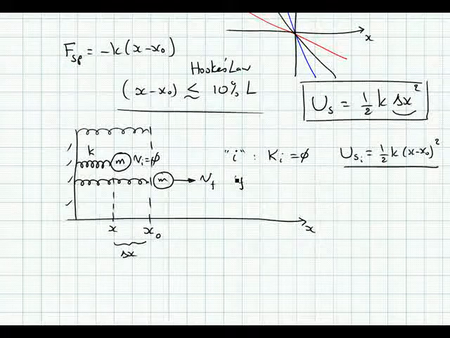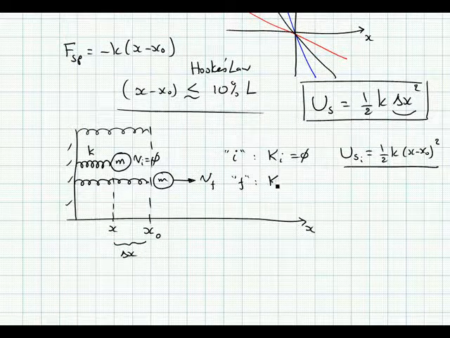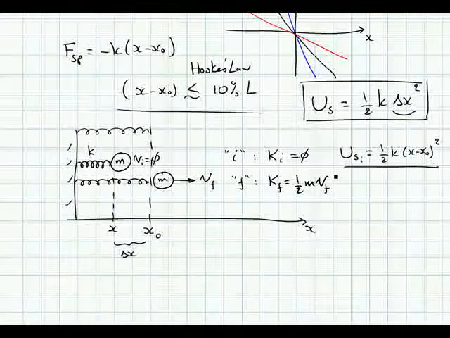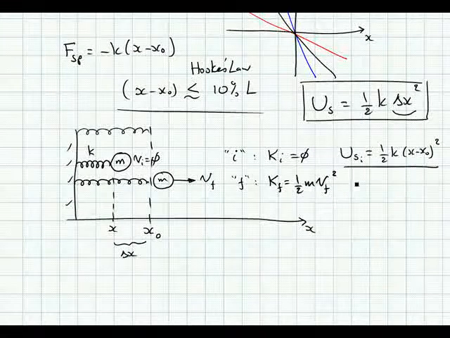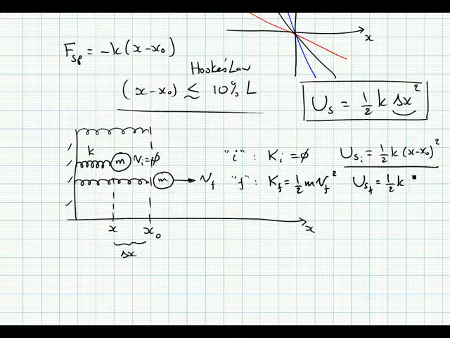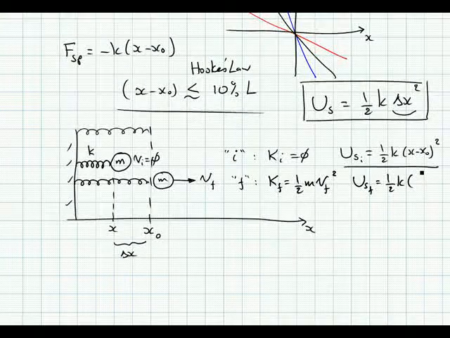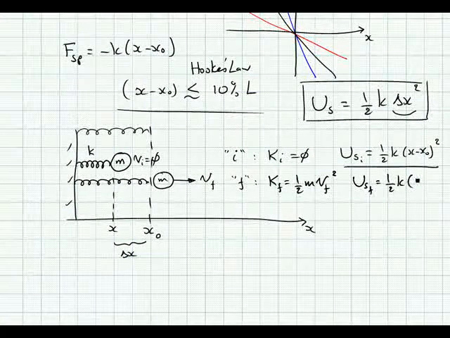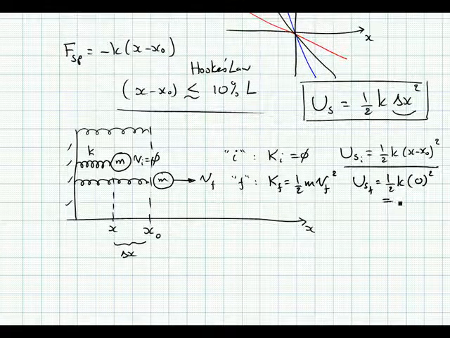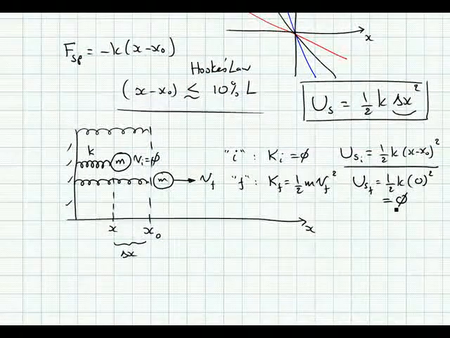Now for the final position, our k final is given by 1/2 of mass, velocity final squared, and US final is equal to 1/2 of k times x minus x naught squared, where x is equal to x naught, so that's 0 squared, i.e. spring potential energy is 0.